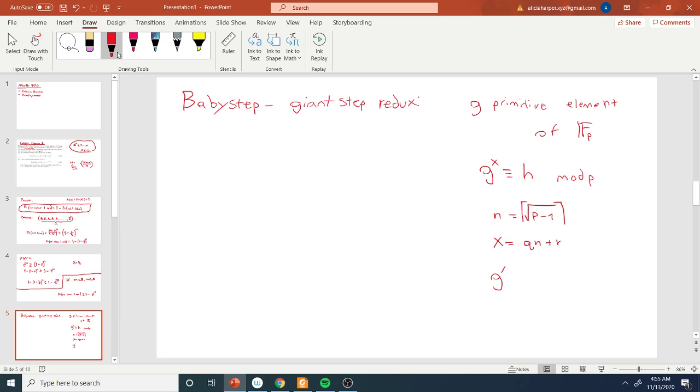And so you're left with g to the qn plus r is congruent to h.